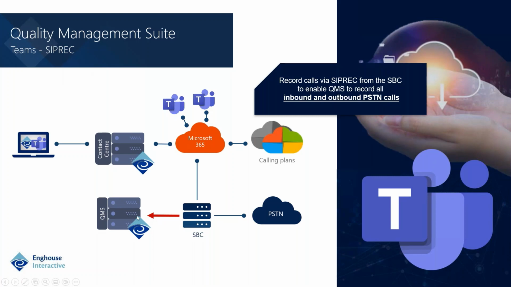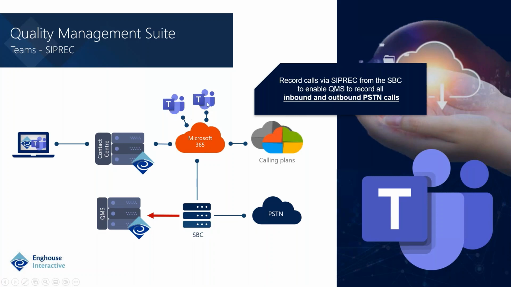Basically, it's almost the same as a SIP trunk that it's creating between the two. What's traversing across this SIP trunk connecting up into Teams can be replicated across to the call recording platform. So this will get you all of your inbound and outbound DDI calls and queue calls, because all of those external calls are traversing the SBC.